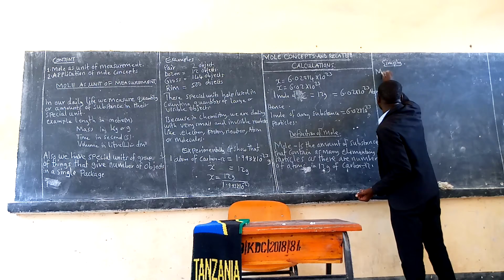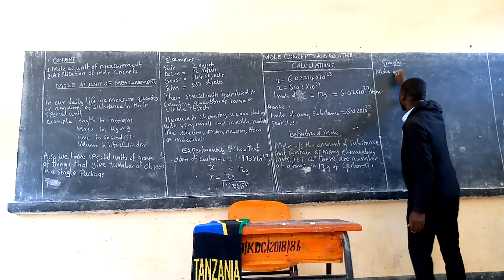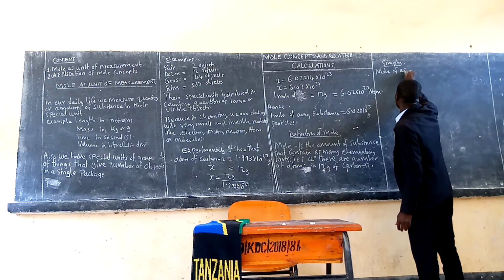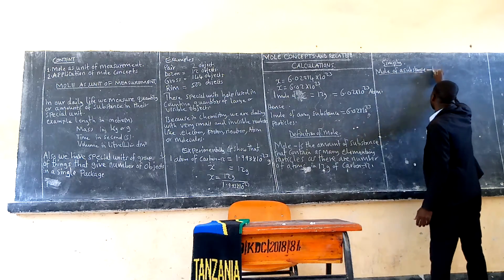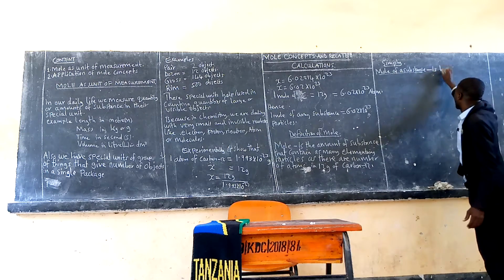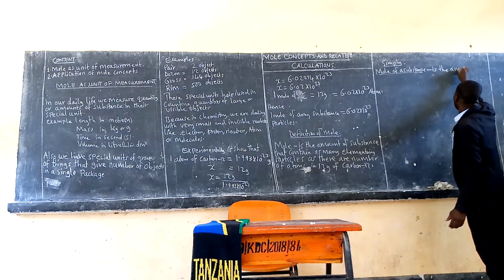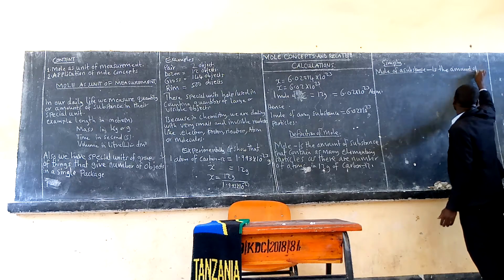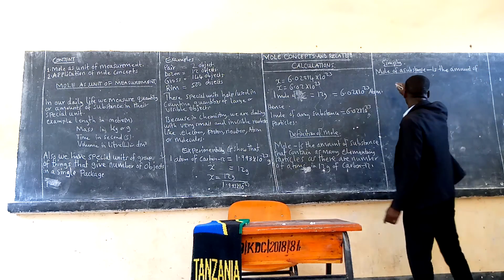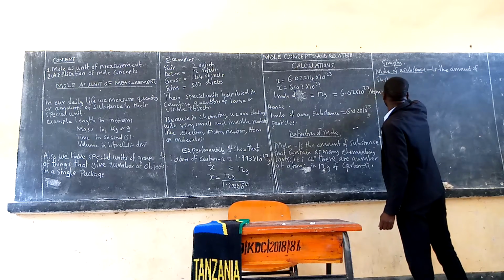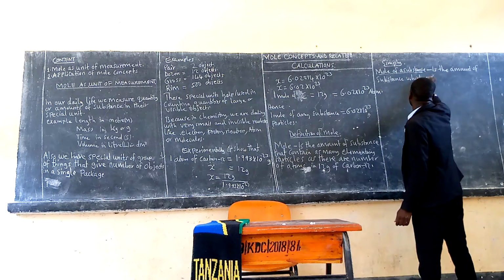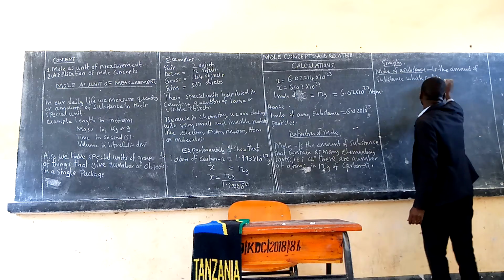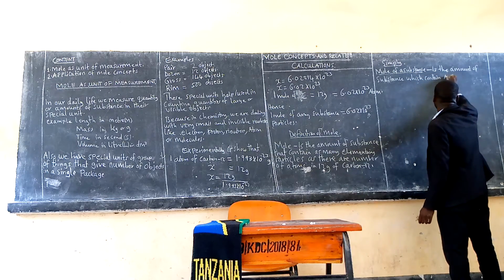simply we can define a mole of a substance as the amount of a substance which contains Avogadro's number.